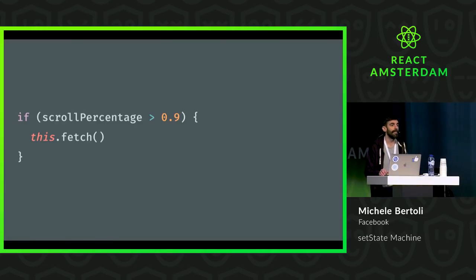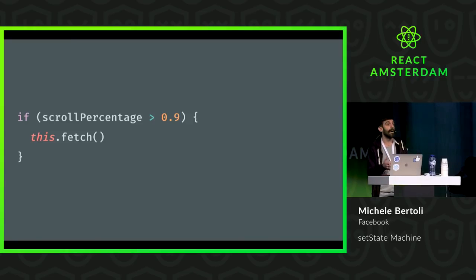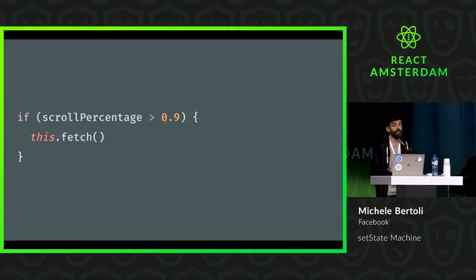If we implemented this component, this would be the core functionality, right? We calculate the scroll percentage. If the scroll percentage is more than 90%, we fetch new data. However, this has a problem. With this code, we would fetch more than expected, because the scroll event keeps on firing when we have already started fetching.